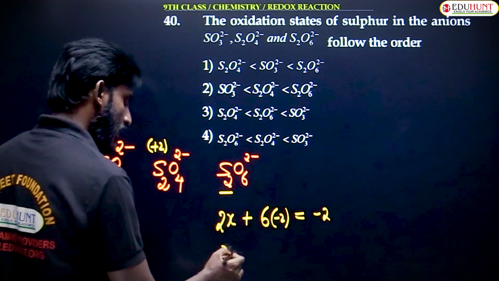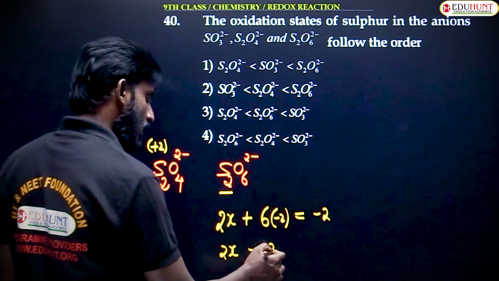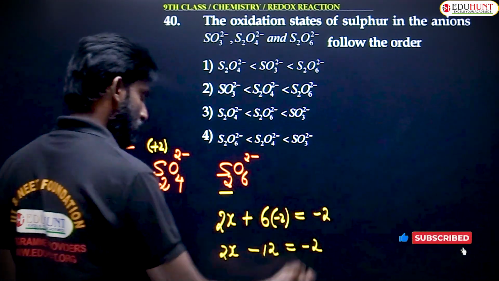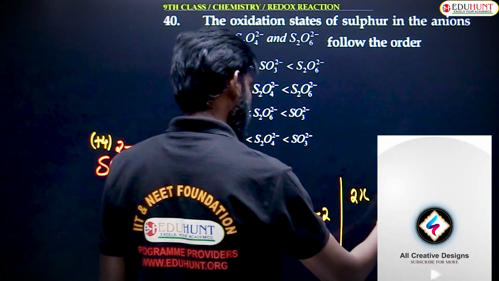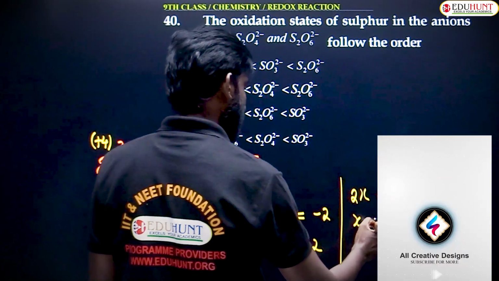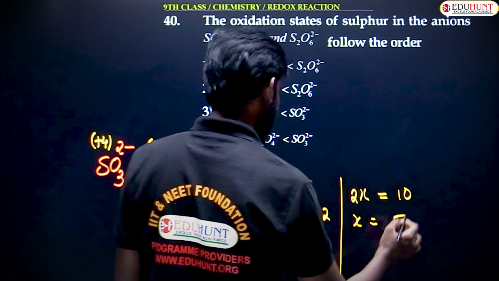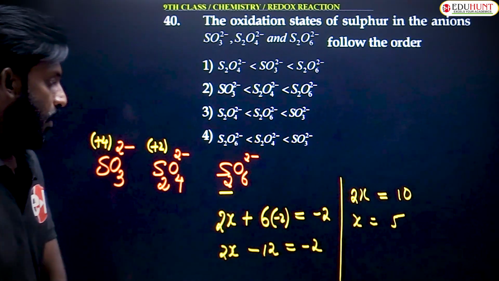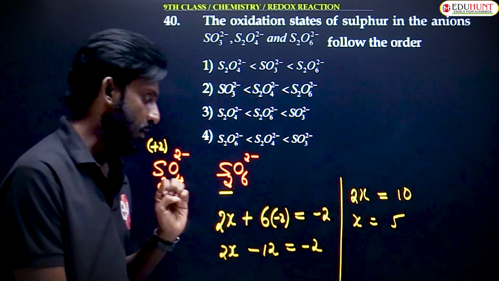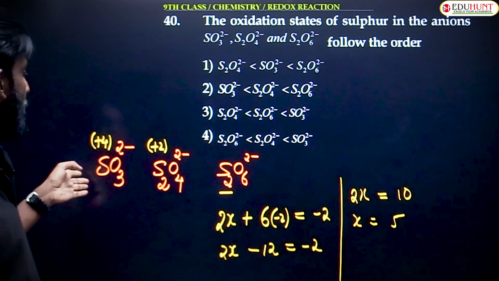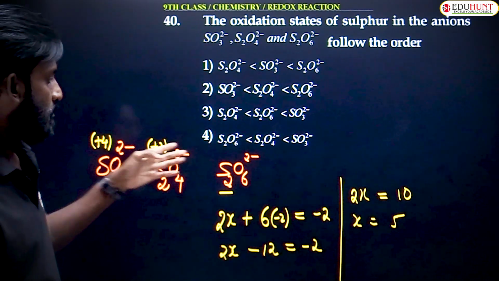Then 2X minus 12 is equal to -2. 2X is equal to 10 and X is equal to 5. So here the oxidation state of sulfur is +5. So the point is, +4, +2, +5.